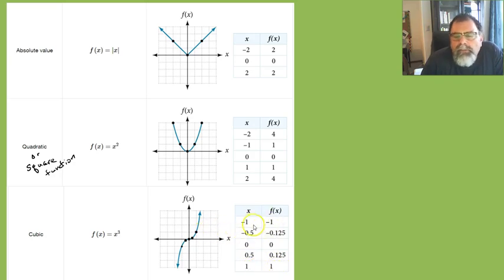Basically you just punch these values into your calculator, cube them, and that's the output value. Then you plot it and you get this cubic shape. If we were to go to 2, 2 cubed is 8, so this would be all the way up at 8. You can see that it goes up very quickly. And then -2 would be down at -8.